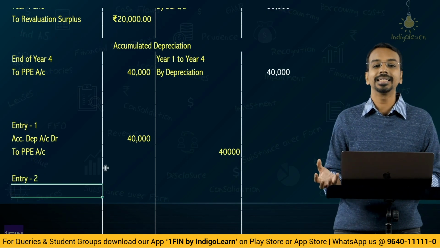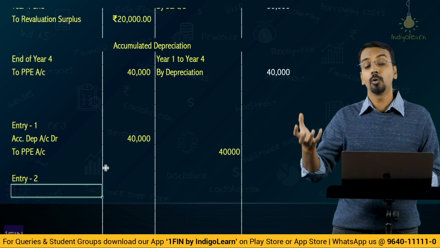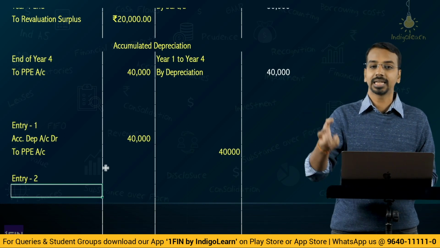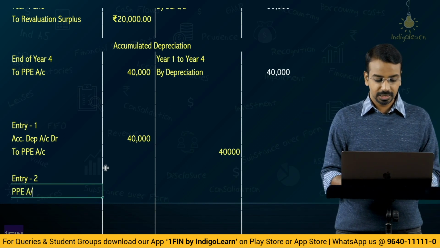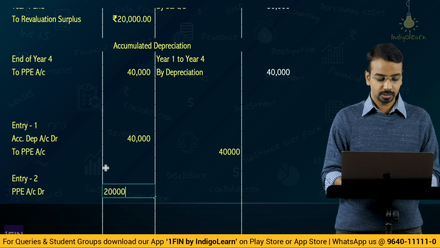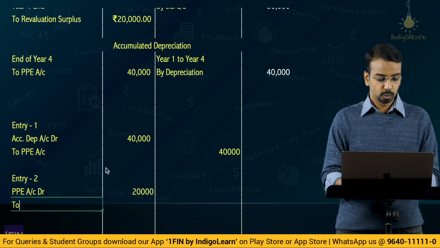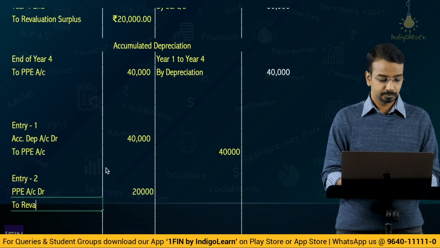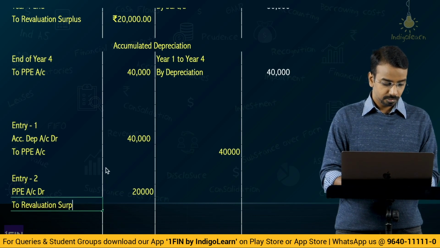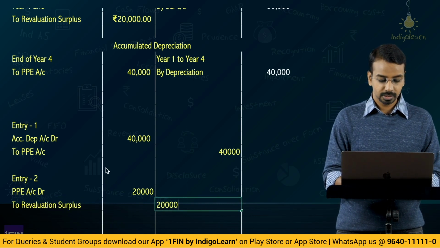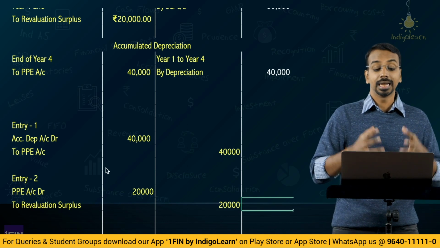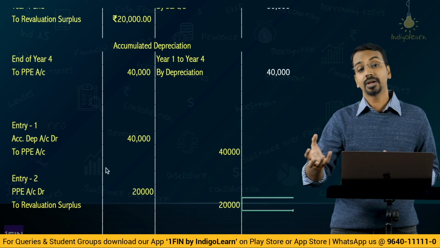What is the increase in the value of PPE? How much is the difference between the fair value and the carrying amount? PPE account debit 20,000, to revaluation surplus 20,000, right?